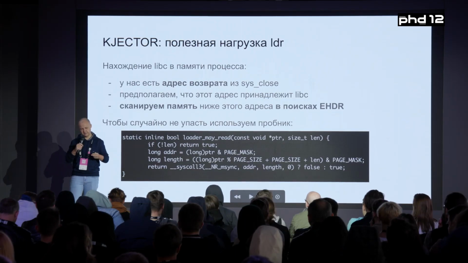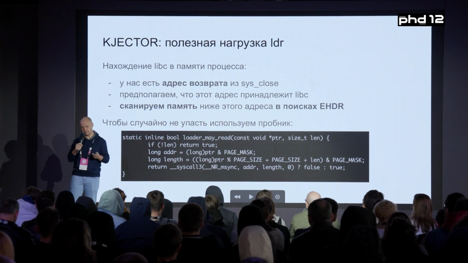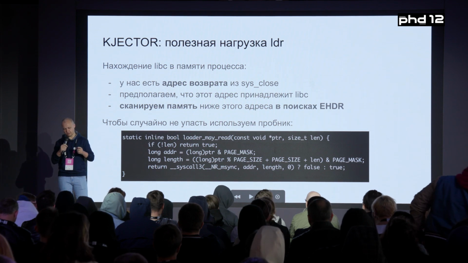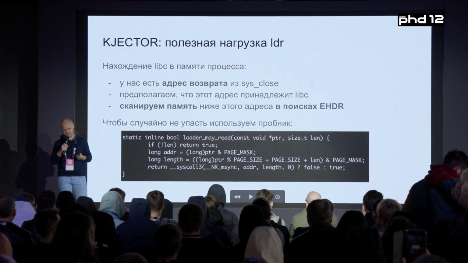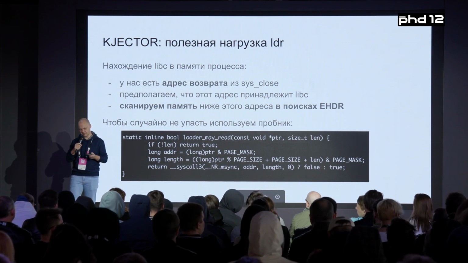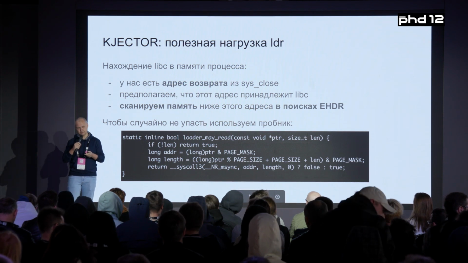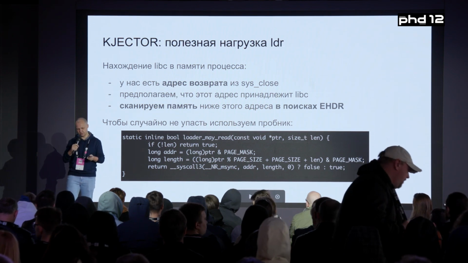We scan the memory upwards, looking for the ELF header of the library that we need, containing the address that we need. During the scan, the most important thing we have to do is check whether memory is available for reading.